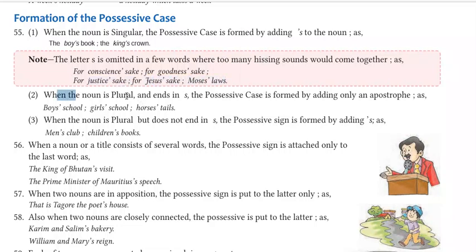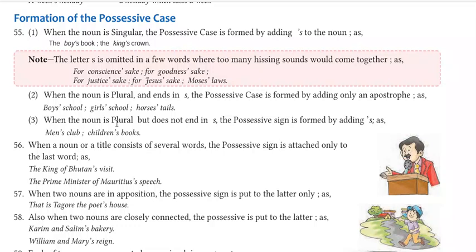When the noun is plural and ends in s, the possessive case is formed by adding only an apostrophe. With plurals ending in s, we just put an apostrophe, and that shows the possessive case. Like boys' school, girls' school, horses' tails.